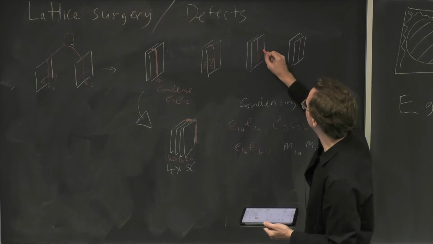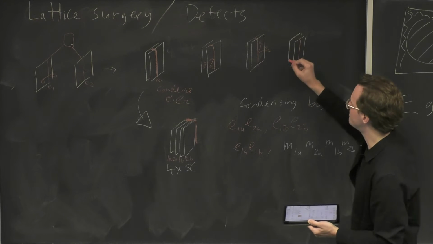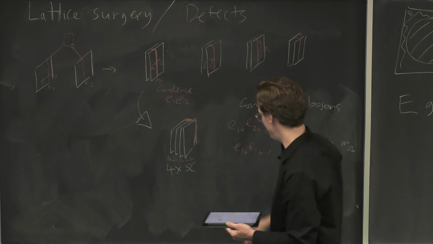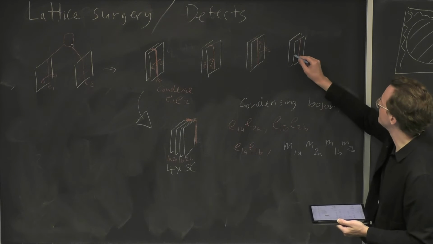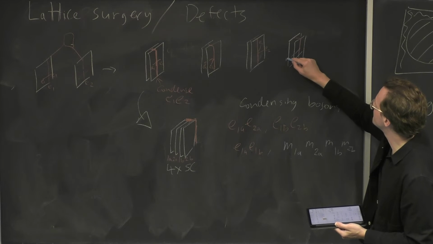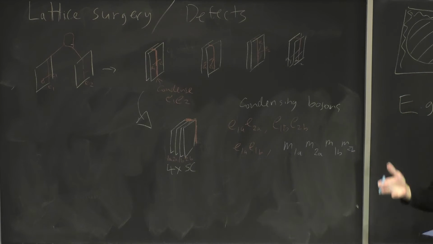I can have that from the other side too. I can have E passing through. And I can also have this product of M on both top and bottom passing through at the same time. Okay, so that's what can happen at the defect.